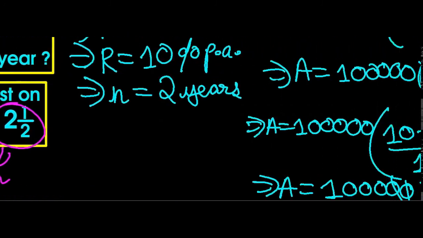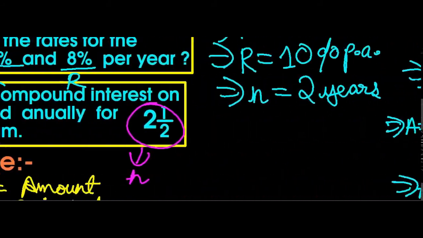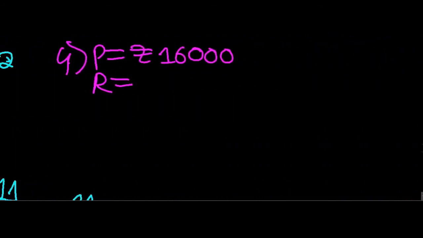So let's solve this sum. Sum number 4. P is equal to rupees 16,000. R is equal to, let's cross check, rate percent is equal to 5% per annum.